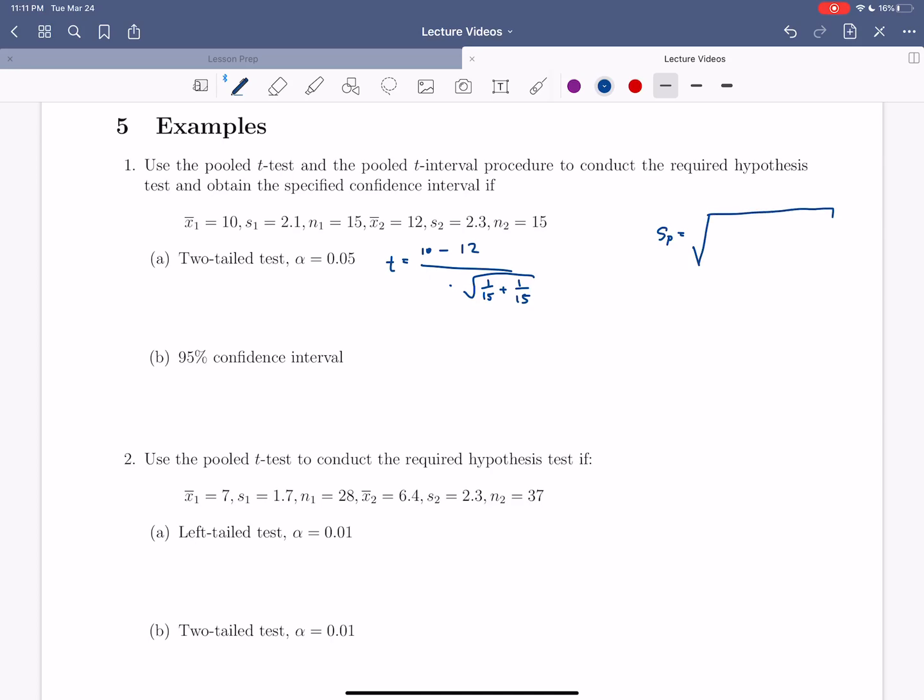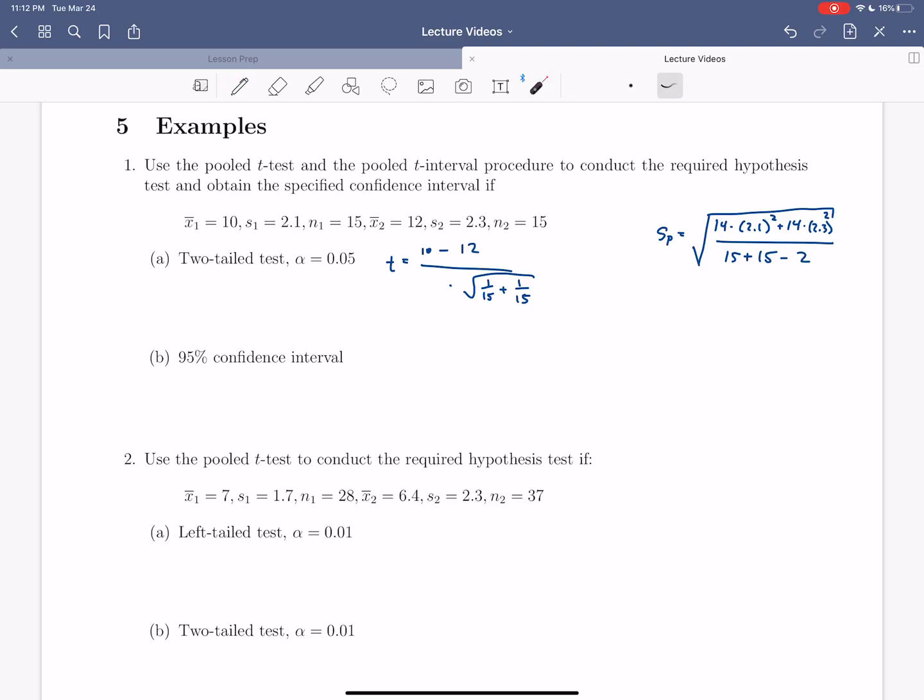So we just have to figure out our pooled standard deviation, and just following a formula that's going to be n1 minus 1, so it's 14, times our s1 squared, so that's times 2.1 squared, plus n2 minus 1, so that's again 15 minus 1 or 14, times 2.3 squared, all over n1 plus n2 minus 2, so 15 plus 15 minus 2.